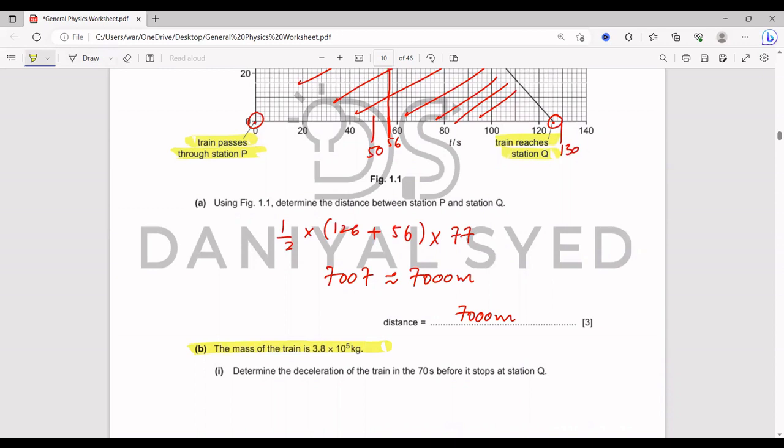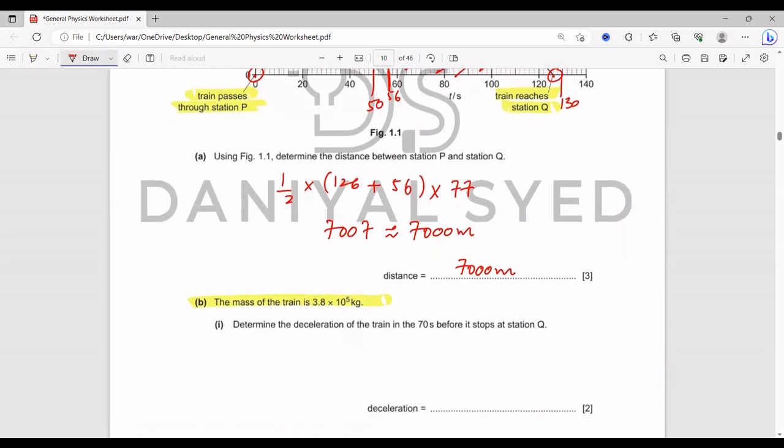Determine the deceleration of the train in the 70 seconds before it stops at station Q. Deceleration. So, beta, for deceleration, you have to use the formula for gradient, x2 minus x1.